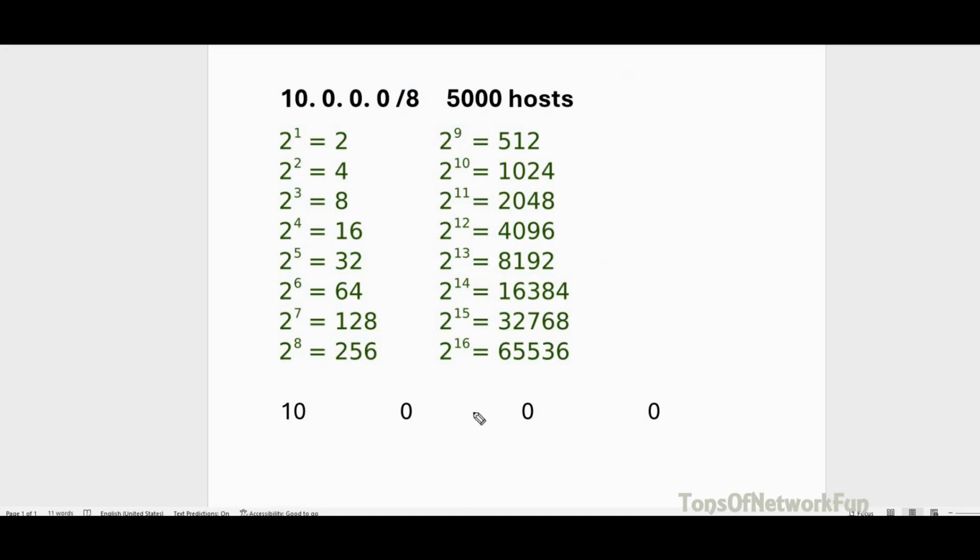Okay, 10.0.0.0. Let me put 8 ones here under 10: 1, 2, 3, 4, 5, 6, 7, 8. Let me make it smaller.